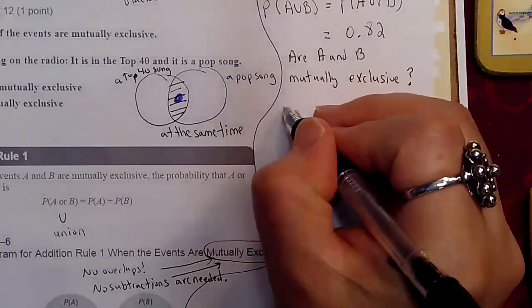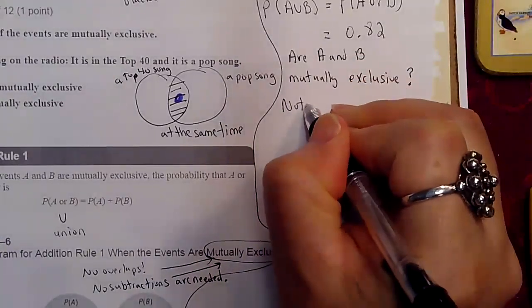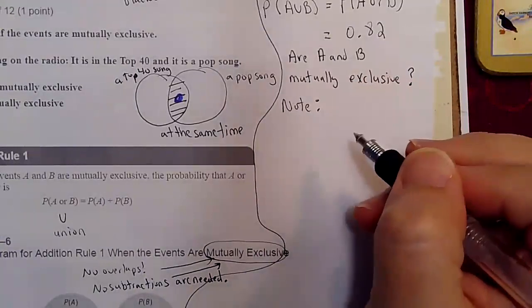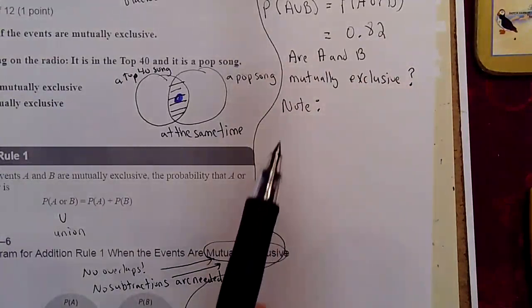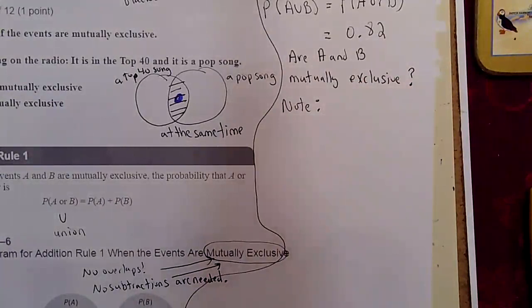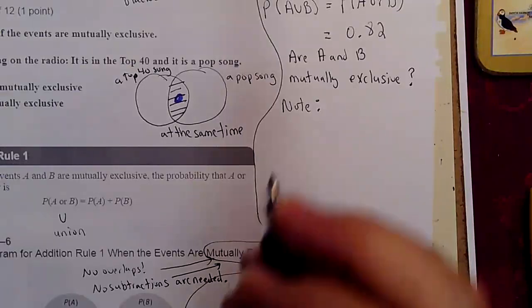Okay, so let's make a note of this. What's going to happen with our algebra when we do our substitutions? We want to see if we're going to get a true statement or a false statement. Does the left side of the equation equal the right side when we do our substitutions based on the values they give us? If we have true results after a substitution, that reveals the events are mutually exclusive.